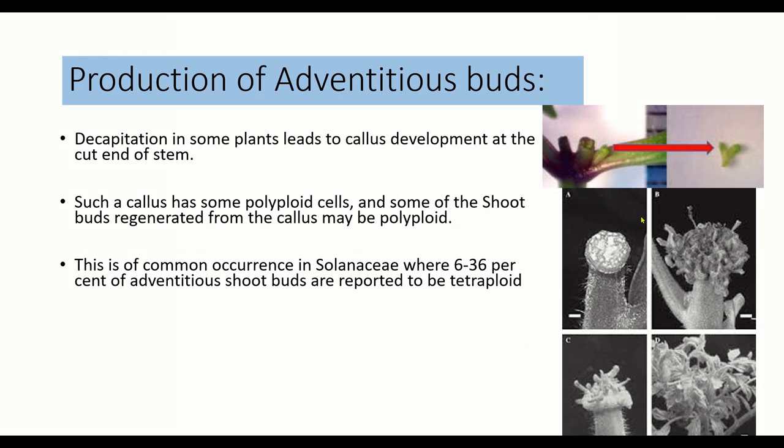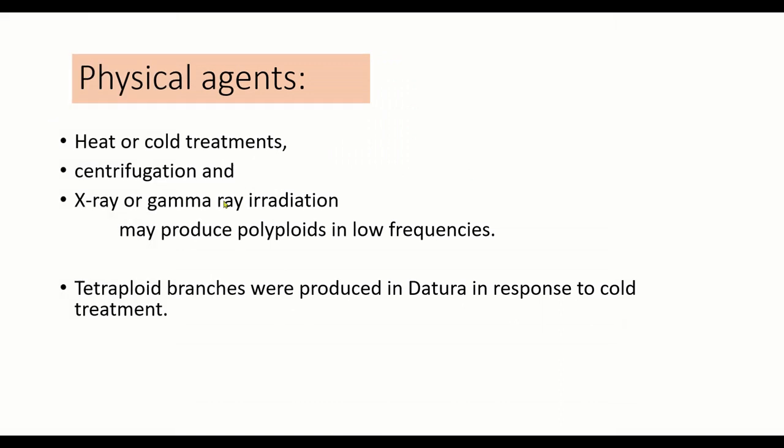Okay, next thing is physical agents, using heat or cold treatments, or centrifuge. Heat or cold treatment, as you already know, high temperature or low temperature or freezing temperature can sometimes induce polyploidization, although the frequencies may be very low. And centrifugation, in this case, is spinning of the plant samples in a centrifuge tube.